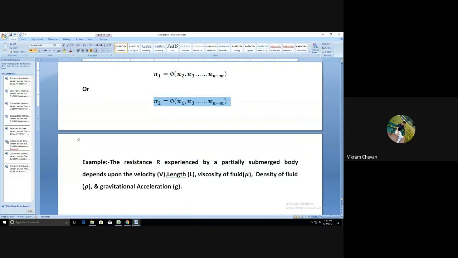If you have any doubt or question, you can ask, or else just put your roll numbers in the chat box and you can leave the meeting.